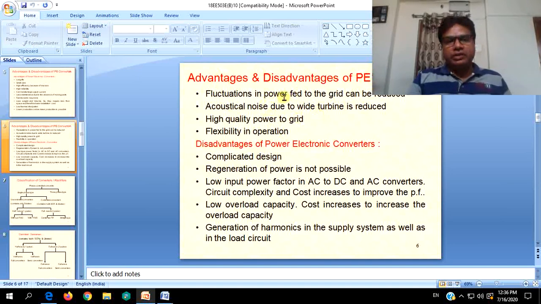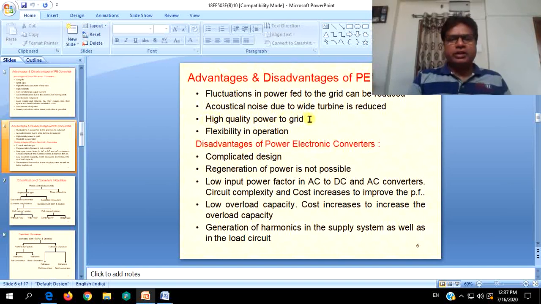And also when they are fed to the power grid, those fluctuations can be controlled, the harmonics and other things can be filtered. Acoustic noise due to wind turbine is reduced. That is because of the sonic waves or sound waves which will otherwise disturb the actual waveforms, which can be reduced. High quality power to grid because of these things.